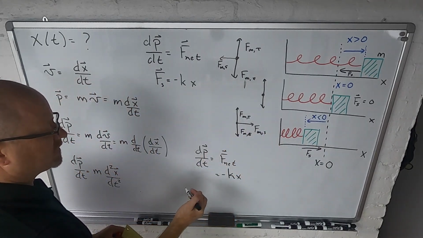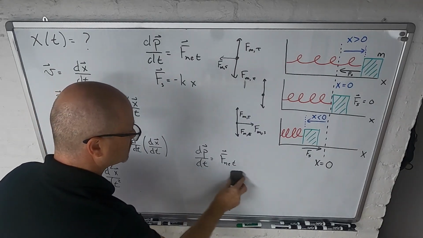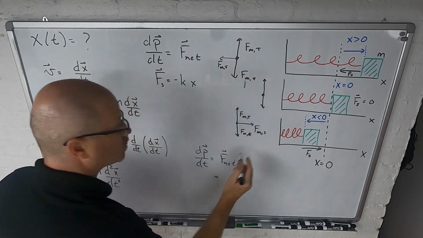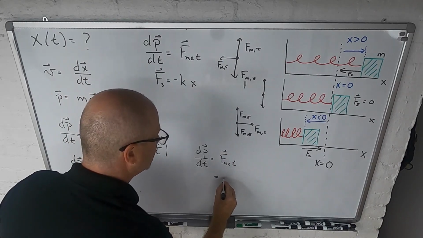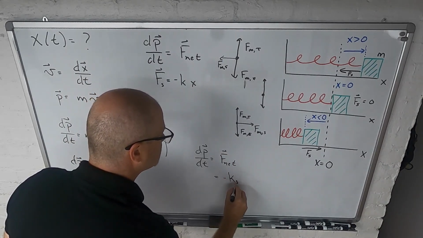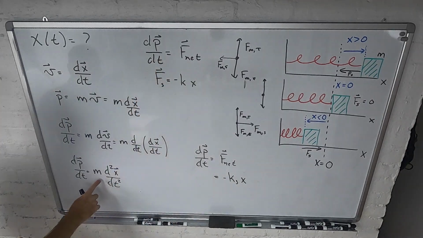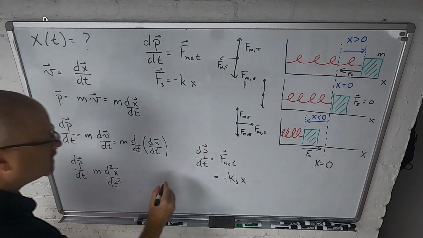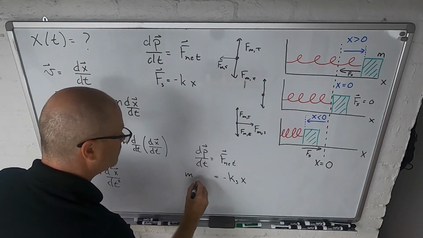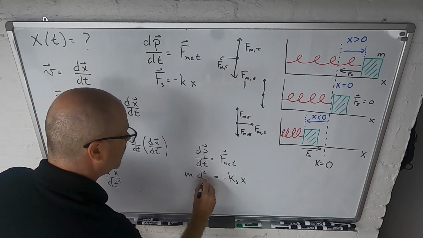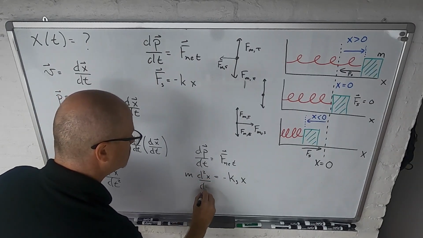I could make x a vector, or I could decide to get rid of the vectors at this point. So let's just work in one dimension. We'll get rid of all of our vectors. Minus k sub s times x. What's dp/dt? Well, now I've got a mass times d squared x over dt squared.